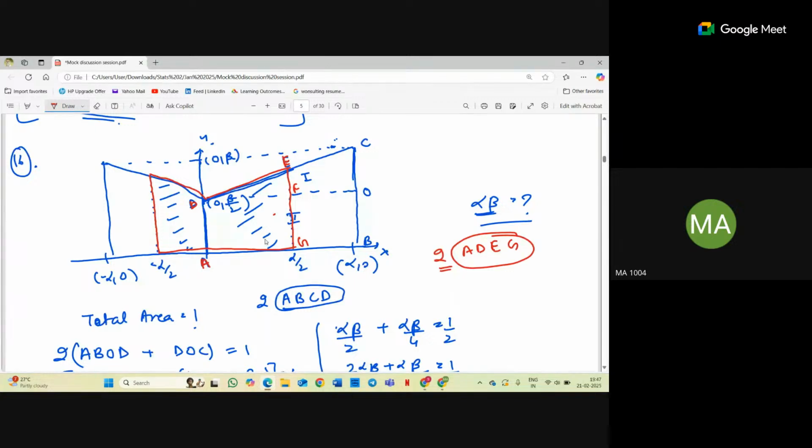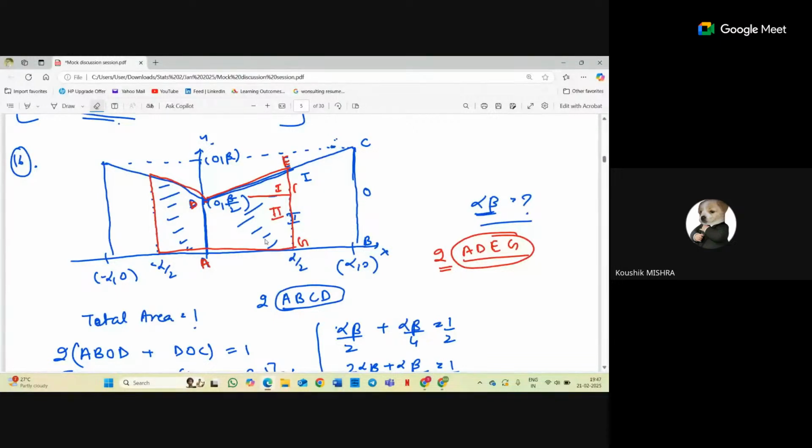Right? Now you have to find out this area. I'm just dividing it into two parts. The first one is the triangle and the rectangle. This is my first part and this is my second part. Correct?